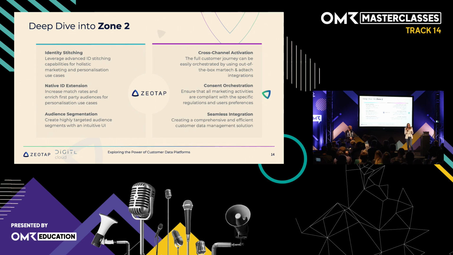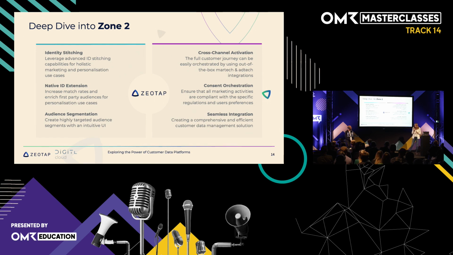And then, again, audience segmentation is, of course, a very important part of both zones. Here I will show you how we can do basic audience segmentation in Zone 1 later on. And then the focus is the audience segmentation with highly targeted audience segments and an intuitive UI with Zeotap later on. So this is really easy to create segments in Zeotap.